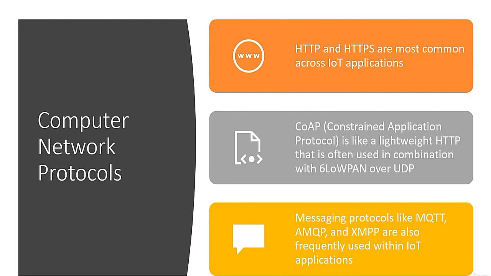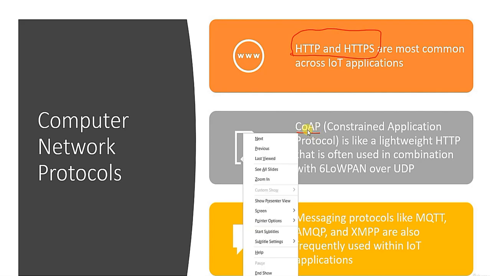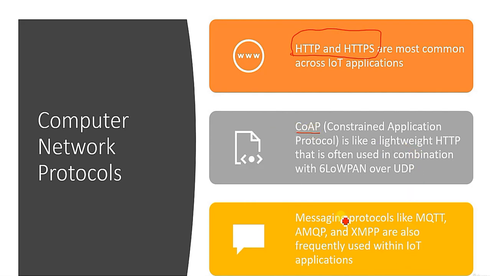The next thing to understand, once getting connected to the network, is how we are actually going to send the data over the internet. There are a number of different communication protocols which are used in IoT. The most popular and most common ones are HTTP and HTTPS. But apart from HTTP and HTTPS, there are several other protocols also, like CoAP, that is Constrained Application Protocol, AMQP and MQTT. AMQP is Advanced Message Queuing Protocol and MQTT is Message Queue Telemetry Transport.